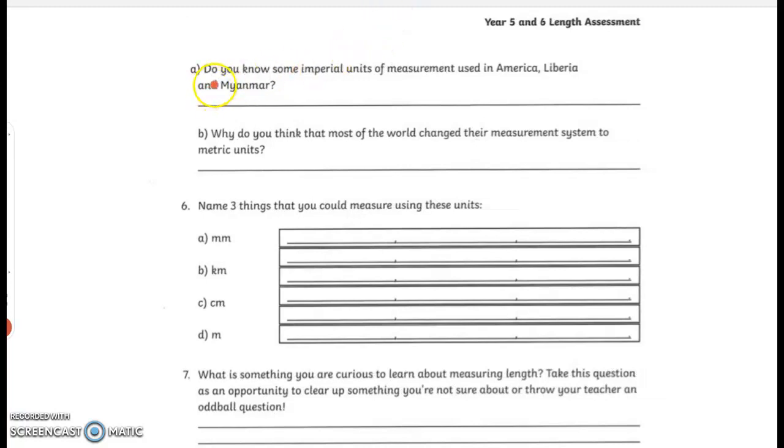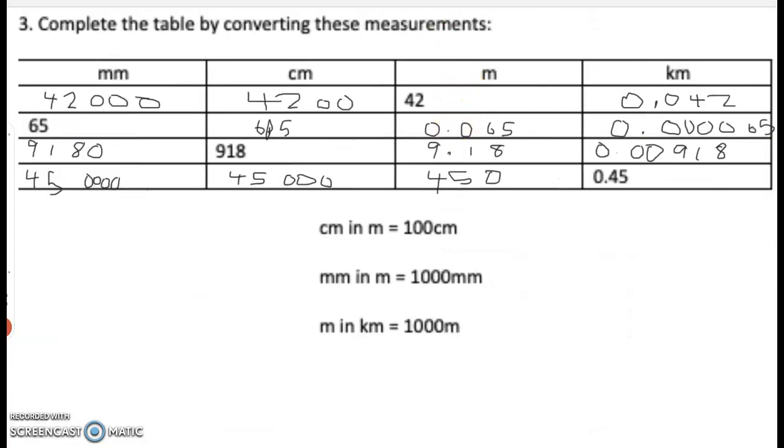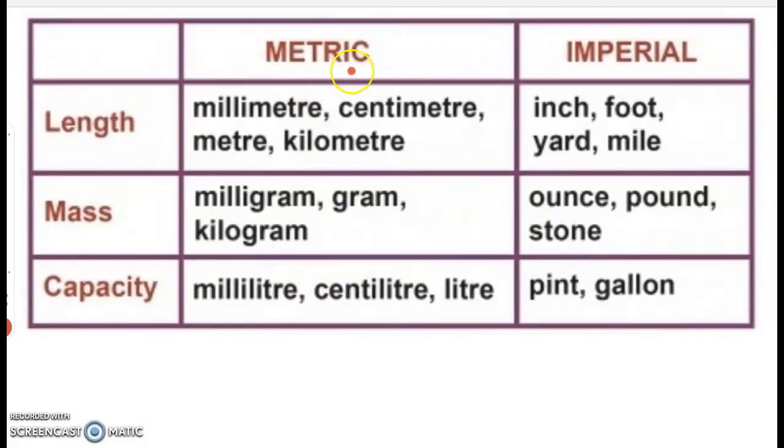Alright, next page. A. Do you know some imperial units of measurement used in America, Liberia? Those are the only countries that use it. We use metric here in Australia and New Zealand, but here are some of the imperial ones. You hear them on television.